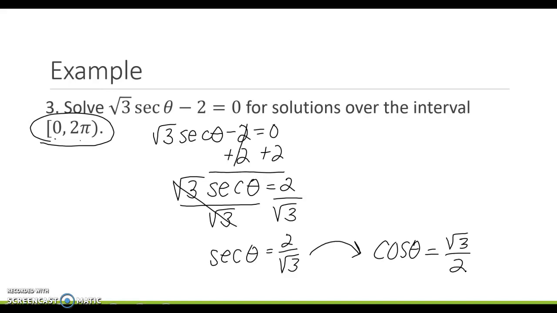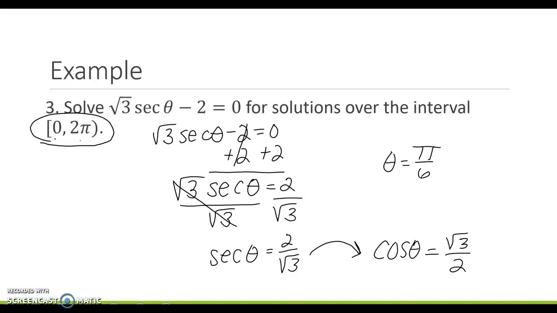And we can now use this to help us see what our angle measures would be. So here we're looking at what angles cosine equals square root of 3 over 2. In quadrant 1, that's going to be pi over 6. Again, we're looking in radian measures. In quadrant 2, cosine is negative, so no values there.